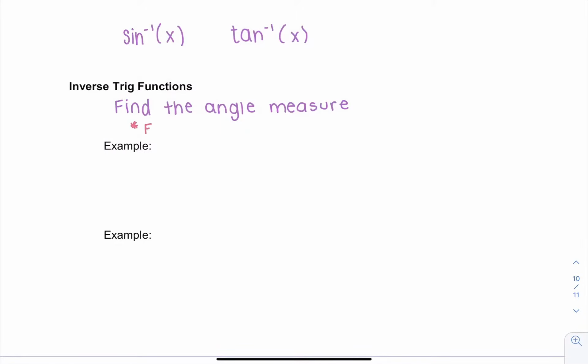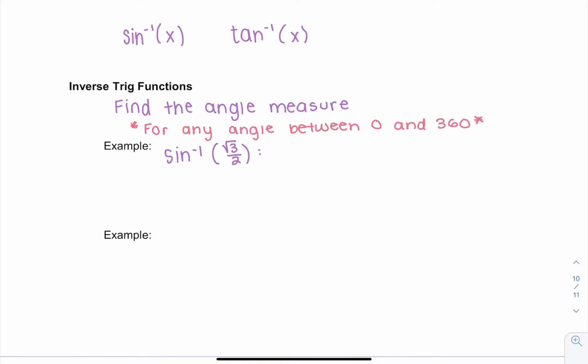So you're going to find the angle measure, and in most cases, it's going to ask you for any angle between 0 and 360. So let's try an example, and then you'll probably see what I mean from there. Say we want to calculate sine inverse of square root of 3 over 2.